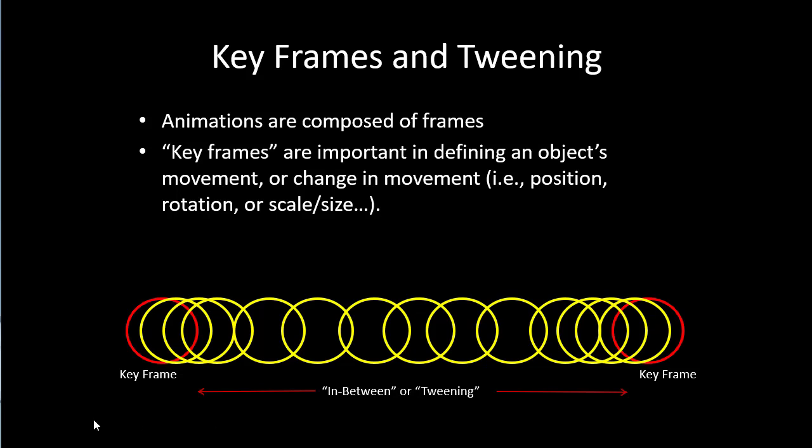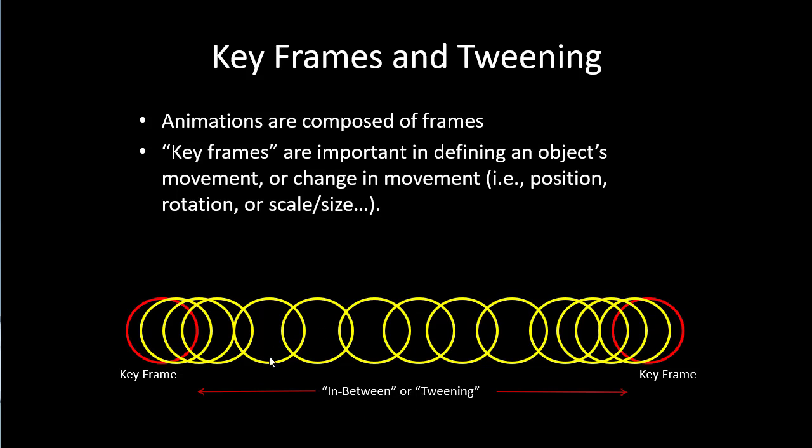For example, in that simple animation of the oval from one part of the screen to the next, the first keyframe is the starting point, and the last keyframe is the ending point. And in between, PowerPoint then fills in the gaps for us. Filling in those gaps is called the in between or tweening.